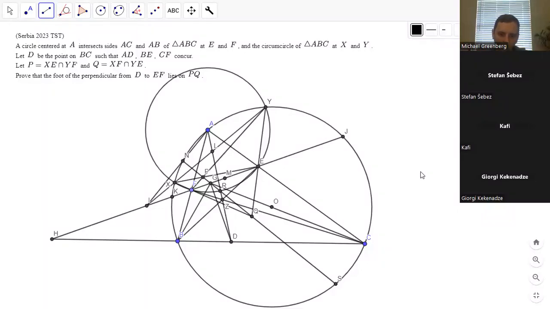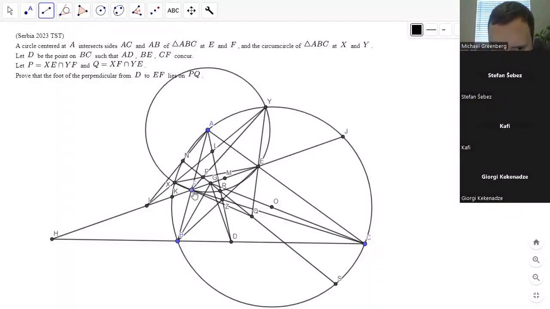Well, okay, AEF is cyclic. It can help. Oh, I guess if the problem was true, then AXS would be 90. But I'm sorry, what were you saying? Draw the circle AEF.